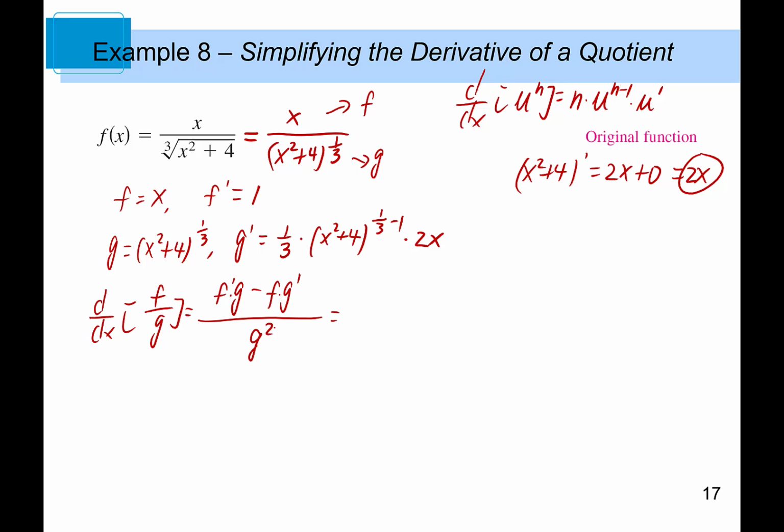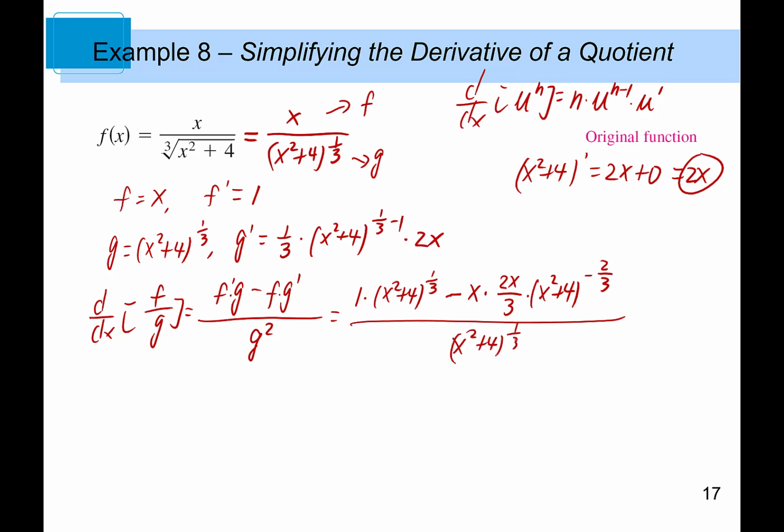So f prime is 1 times g, which is (x squared plus 4) to the 1/3, minus, remember it's different from the product rule, it's minus f, which is x, times g prime, which is 2x over 3 times (x squared plus 4) to the negative 2/3. Then over g squared, which is ((x squared plus 4) to the 1/3) squared.